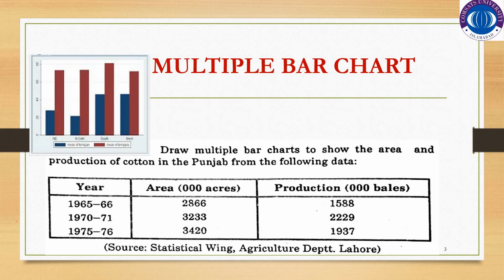Here we have data of 3 years, and for each year we have two characteristics, area and production, and we have to construct a multiple bar chart.